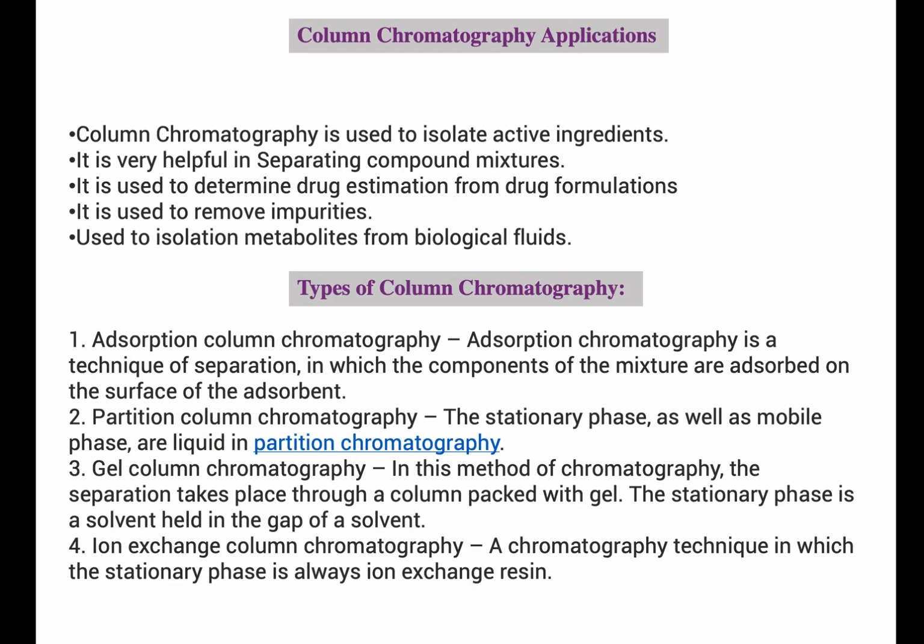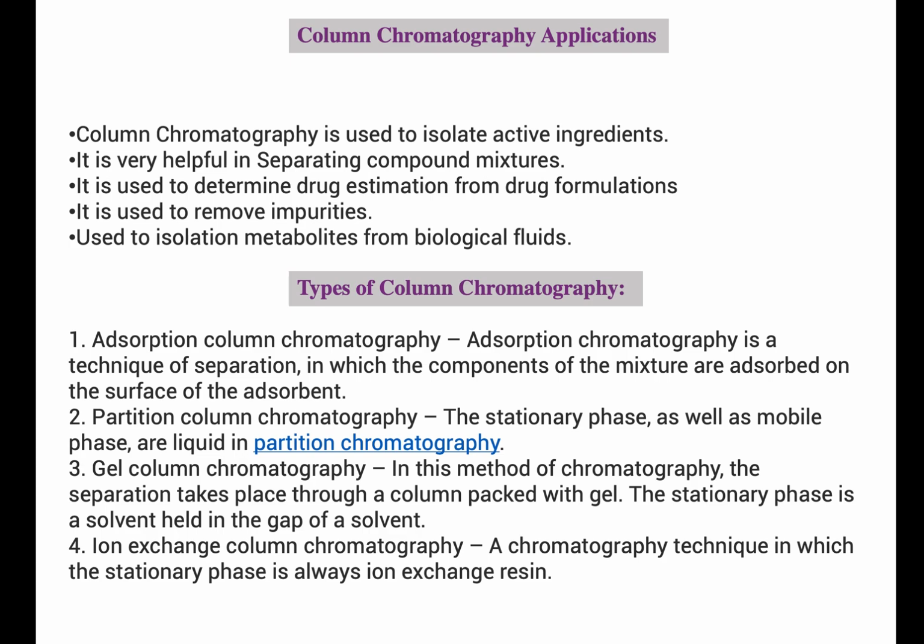We have different types of column chromatography. For today's lecture, we are using only adsorption column chromatography. And we have partition column chromatography, gel chromatography, and ion exchange chromatography. We will explain that in the supplementary documents that you will have at the end of the lecture.